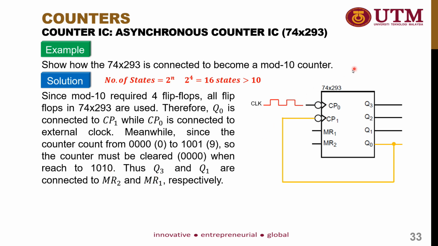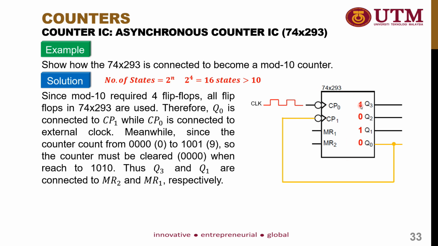So inside this IC, where is the reset input? The reset inputs are MR1 and MR2. So in order to activate the reset function, you need to give MR1 and MR2 each an input of 1. So at 1010, the counter needs to be reset.